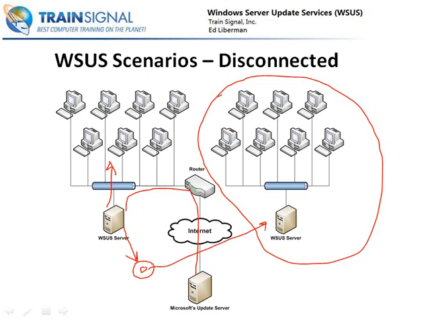That is something that is now available with WSUS. Whether you are completely disconnected, or maybe just for security's sake you don't want to be connected, you can do this offline update, if you want to call it that. So those are all the different WSUS scenarios that are available.